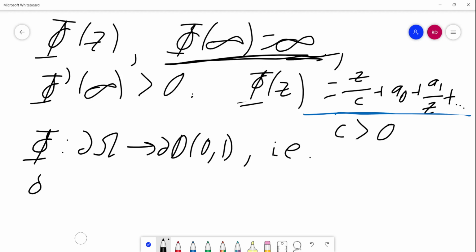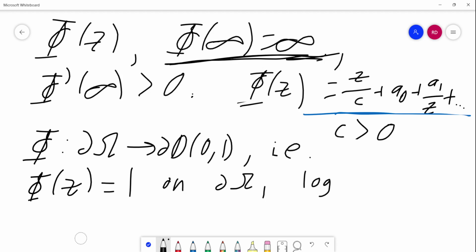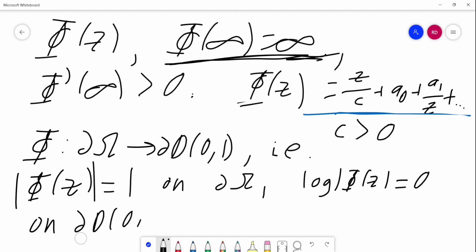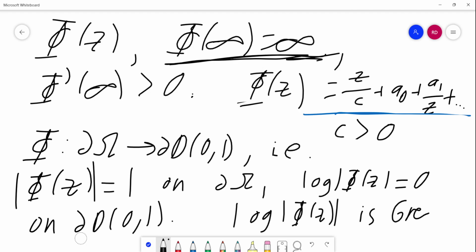So the absolute value of phi of z has to equal 1 on the boundary of omega, which means log of the absolute value of phi of z has got to equal 0 on the boundary. Well, that's the third criteria of a Green's function. It's even a little stronger because it's every point, not just quasi-every. So therefore, log of the absolute value of phi of z is the Green's function.